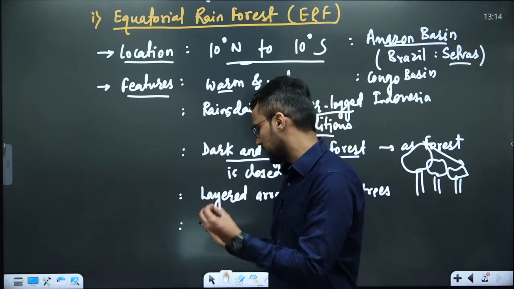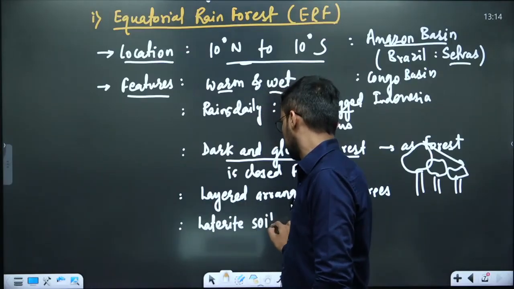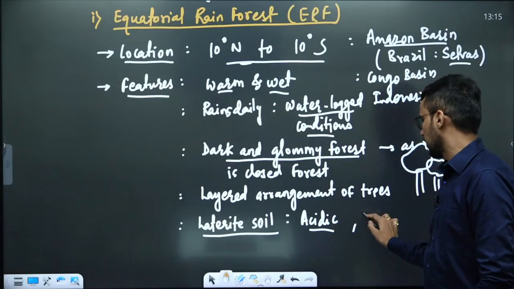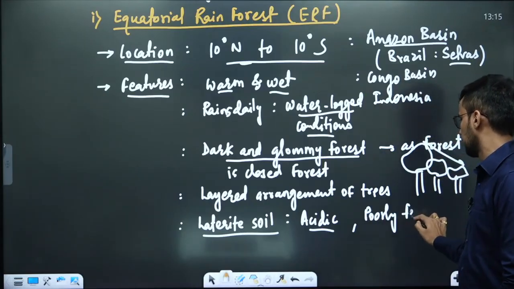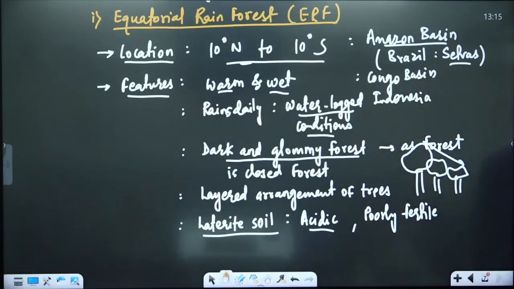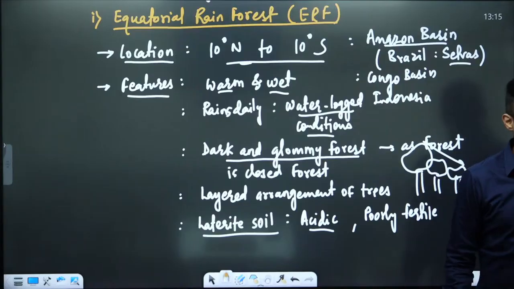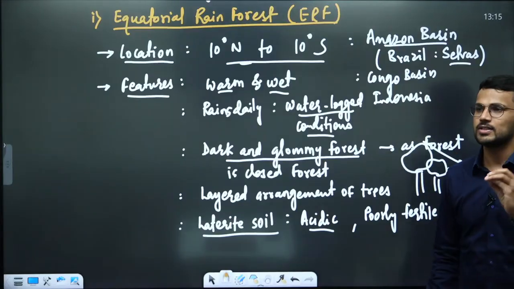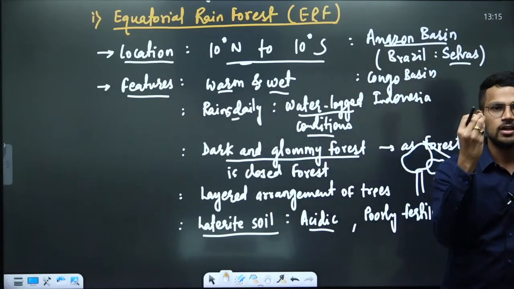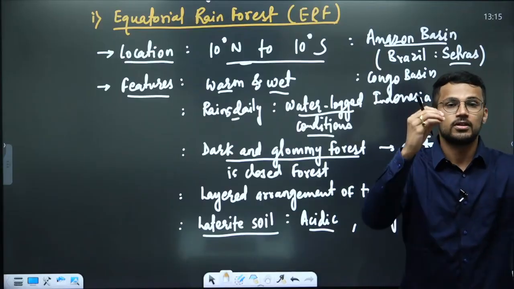Next, soil. I'll mention it here only because it is a very typical feature of this forest. Laterite soil, and this laterite soil is acidic in nature and it has poor fertility. Laterite soil is formed in this area because of the process of leaching. But it is not only leaching that leads to its formation. Why does leaching occur? Leaching occurs because it rains daily, it is a water-logged condition, and that's why elements like silica would be removed from this particular forest.